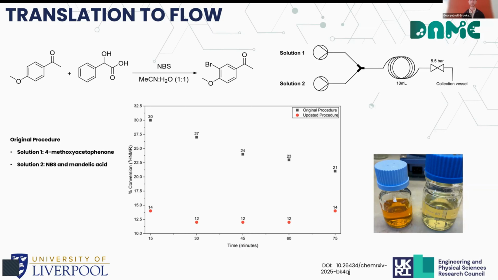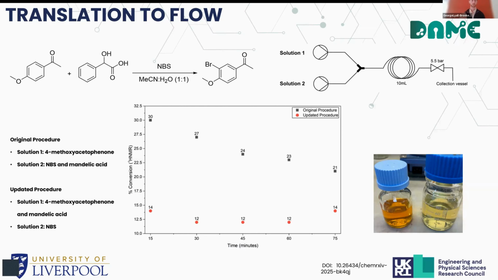The reasoning for that can be inferred from these solutions on the right of the screen. This solution, the light golden color, is what the solutions look like upon preparation. And then just after 90 minutes of being made up, the solution transitions to this dark orange color, indicating that degradation or unwanted side reactions were occurring in the feed solutions prior to even entering the reactor.